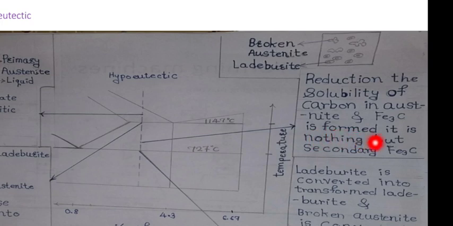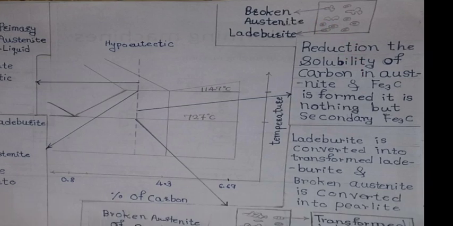This cementite is nothing but secondary cementite, and the other reaction is that the dendritic austenite is broken. This is the microstructure, and the broken dendritic structure is austenite, and the circular region is ledeburite.